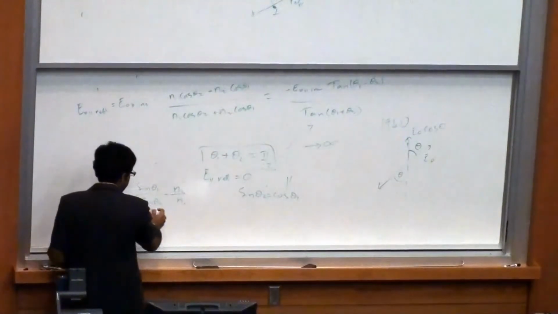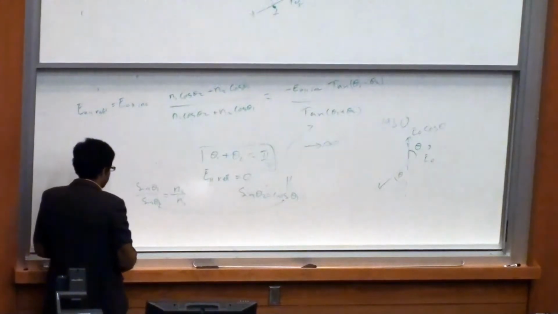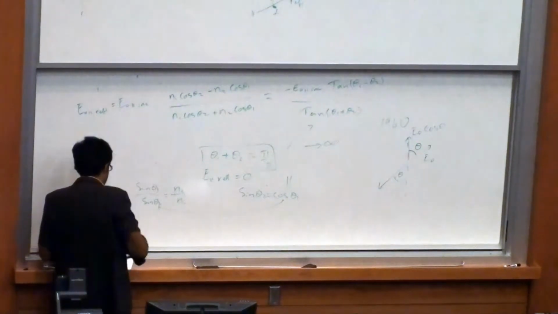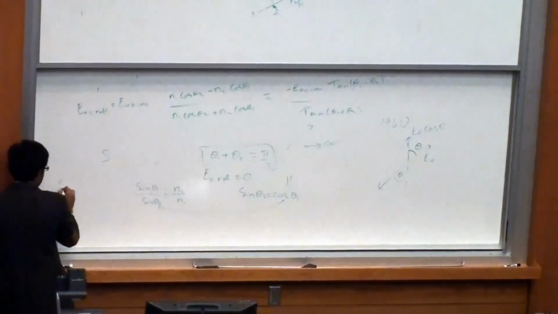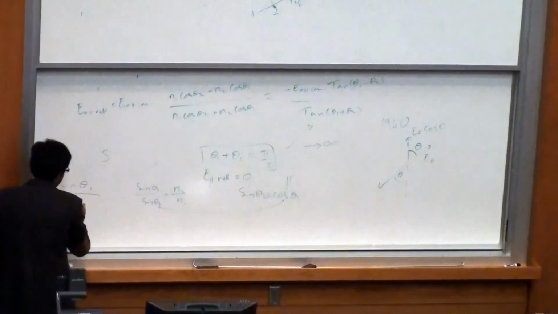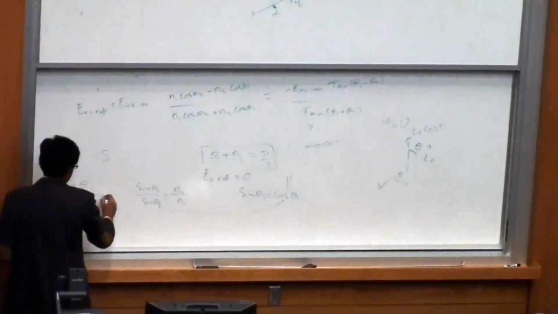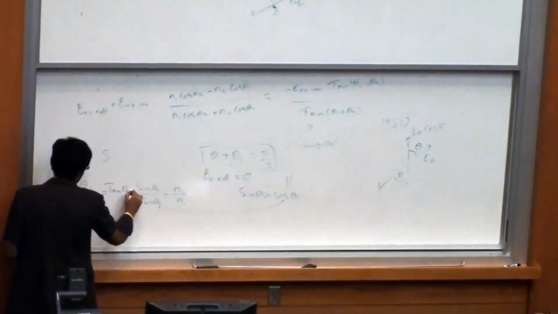So I can take sine theta 2, substitute this in, and what I end up getting is sine of theta 1 over cosine of theta 1, which equals the tangent of theta 1.